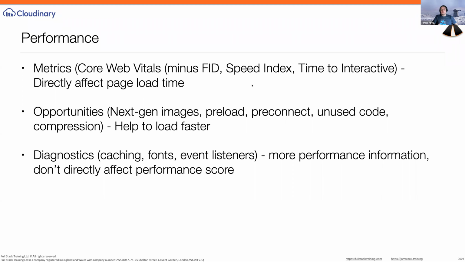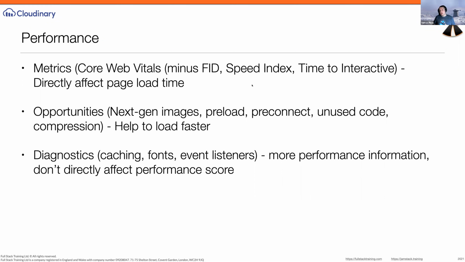So essentially, under the metrics, you will see values that directly affect your page load time. So if you fix those issues, you are directly going to affect your page load time. It's going to be better, essentially. Then under that, so this is still the performance section, right? So you have the metrics. Under that, you have the opportunities, which are not directly affecting your page load time.